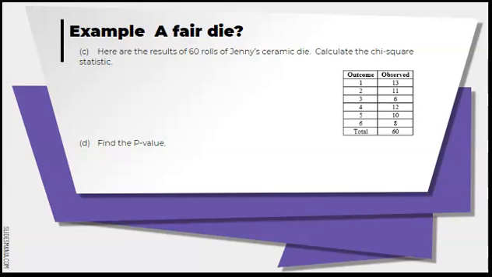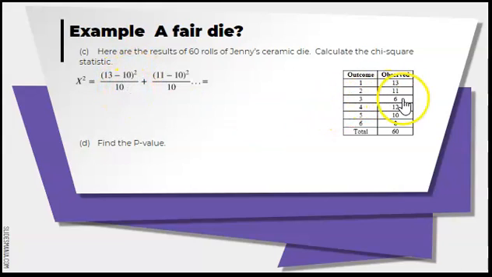Part C says, here are the results of the 60 rolls that she made. Calculate the chi-squared statistic. These are the outcomes of the die, and how many times each came up in her 60 rolls. Notice, it's not perfectly 10 every time. Our expected counts were 10, but these are the observed counts. So we use our formula: we plug in the observed count minus the expected, squared, divided by the expected.